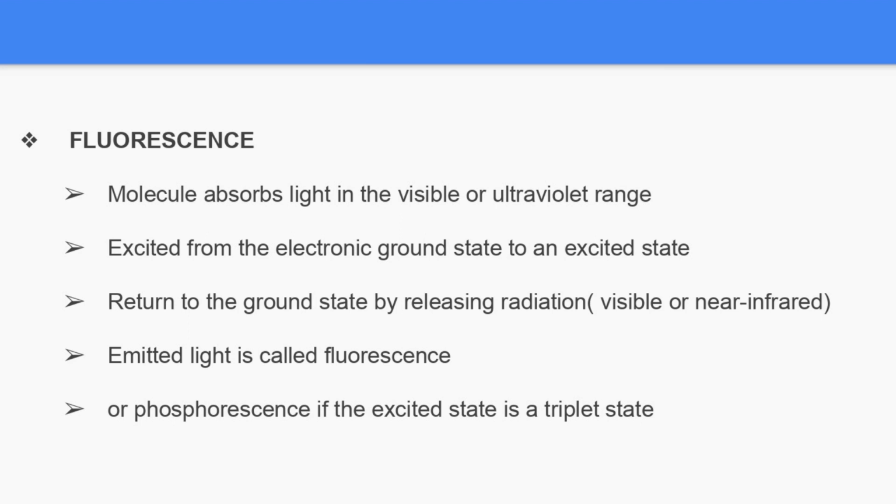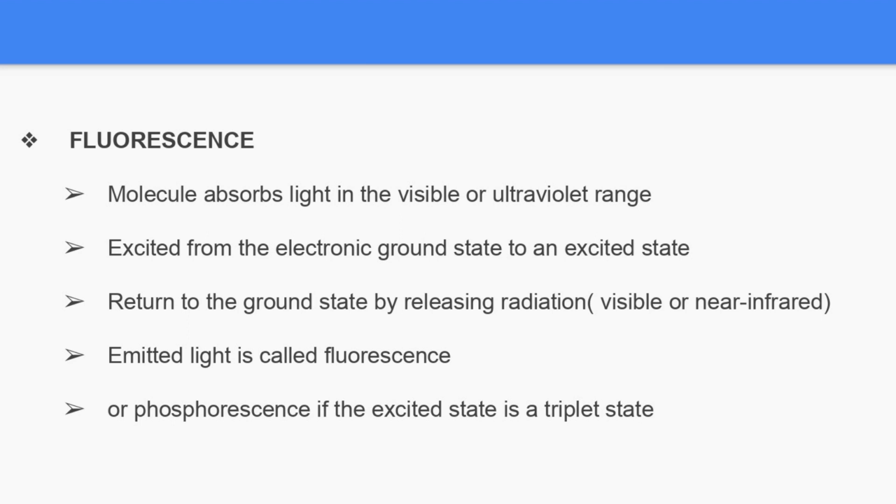By absorption of light, the ground state can be excited into two forms, either a singlet form or a triplet form. If a molecule is excited to a singlet form, that singlet form can release energy in the form of radiation.